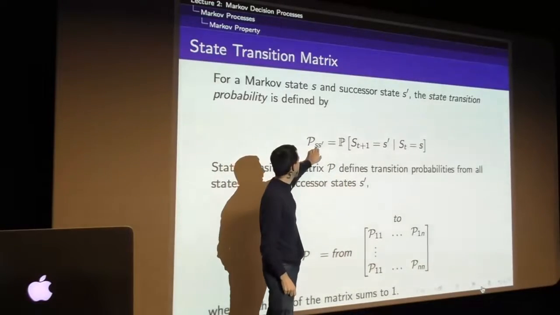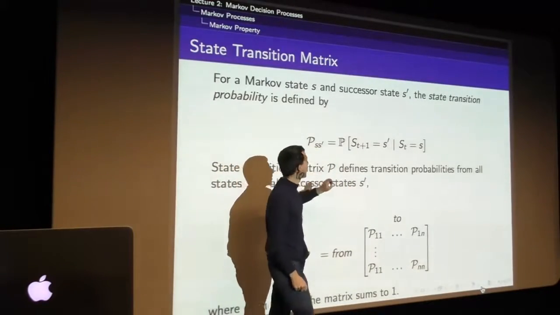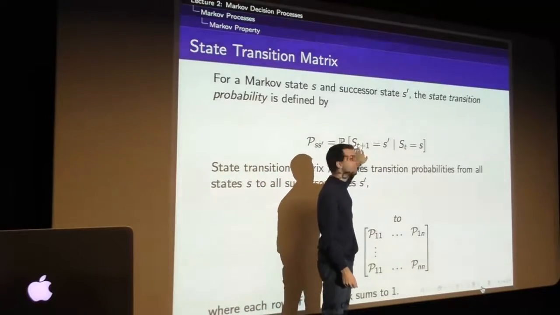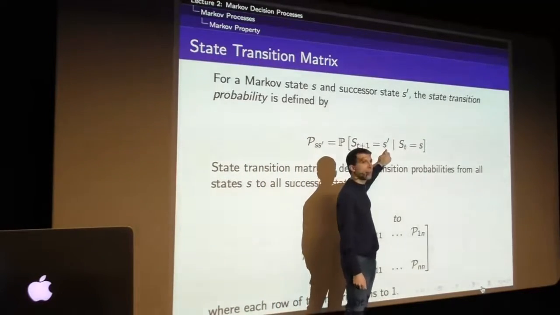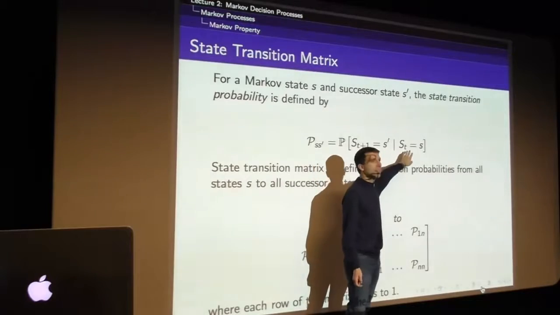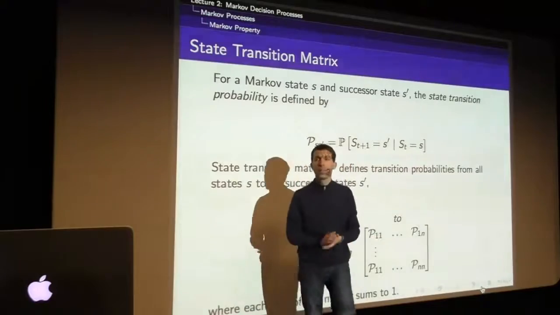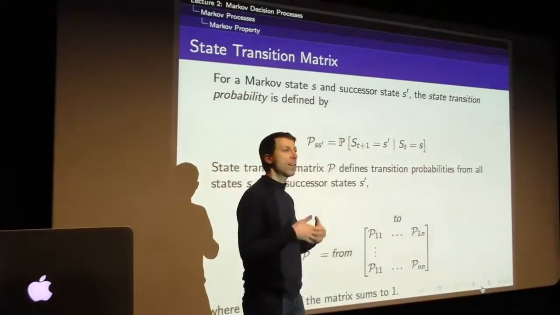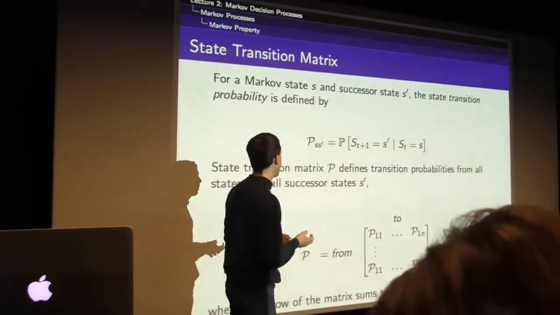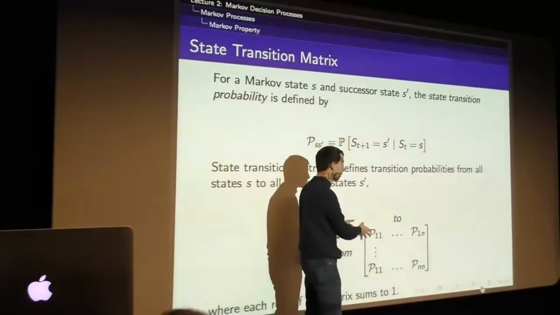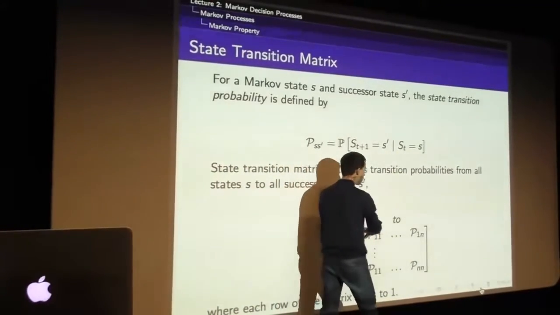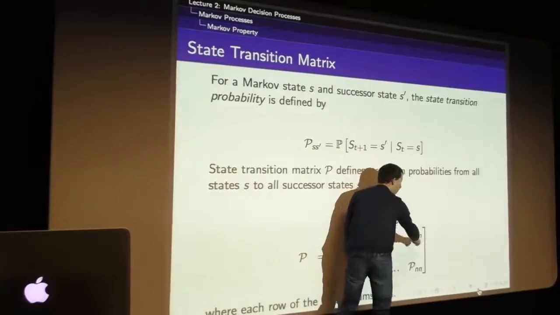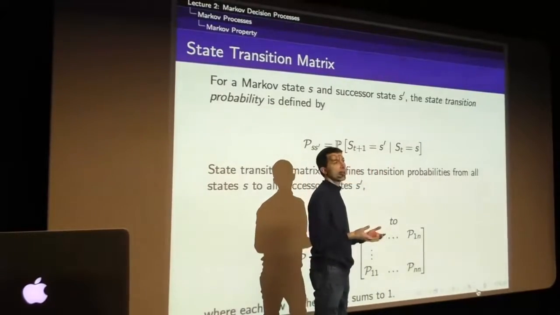So it's the probability that if I'm in S, I transition to S prime, and that gives us the probability that this random next state will be this particular instantiation of the state S prime, given that the previous state we were in, our current state at time t, was this S. Now, once we have this idea of the transition probability matrix, we can form this into a complete matrix that tells us, essentially, each row of this matrix tells us what would happen for each state that I was in.